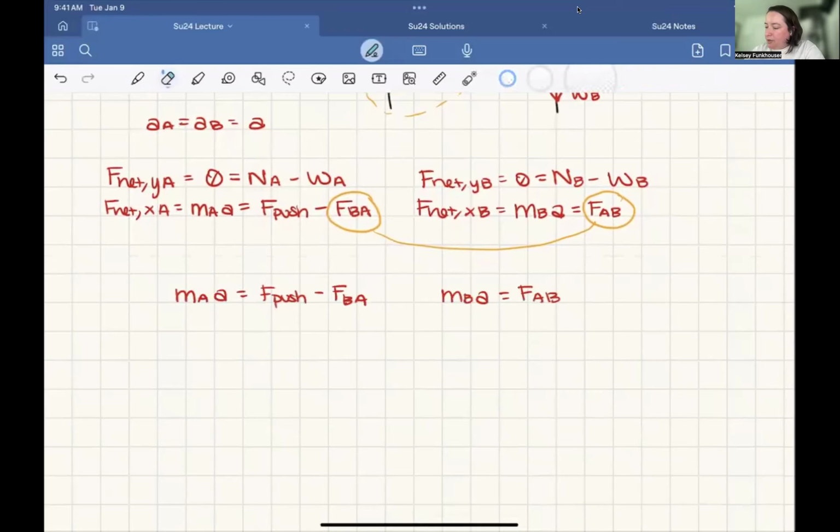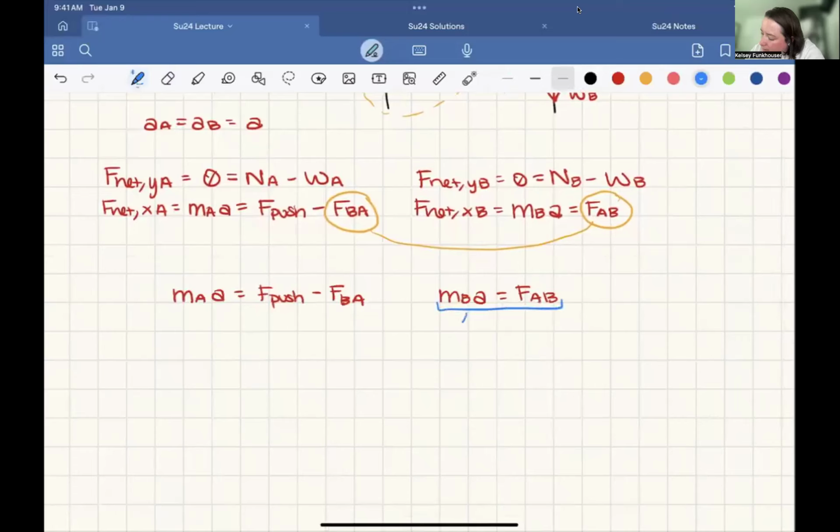So we can just substitute, we can plug in this here because we want to solve for the acceleration. Let's first look at this equation and do our due diligence.